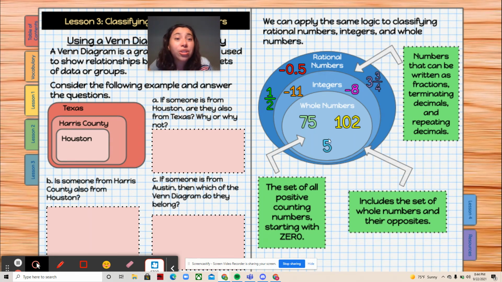And whole numbers are just regular, positive, good old numbers, like 75, 5, and 102. Okay? So whole numbers are basically all positive numbers. Integers include the whole numbers and their opposites. And rational numbers can be written as fractions, terminating decimals and repeating decimals.